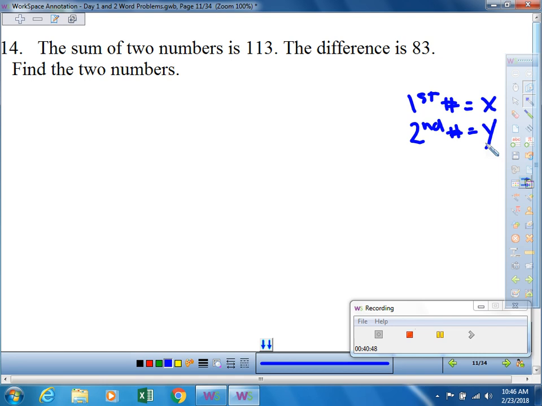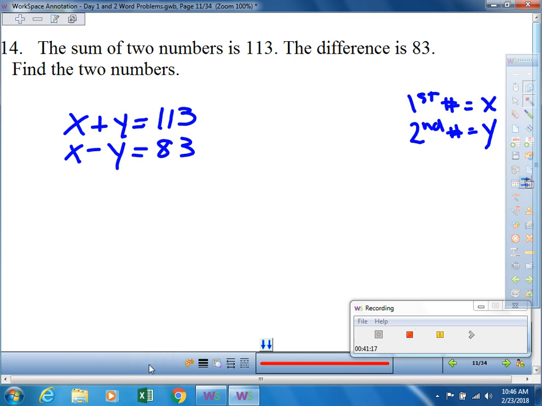How do I write that up? Equals 113. The difference between the two numbers is 83. So what do I write? X minus Y, this is the difference, is 83.